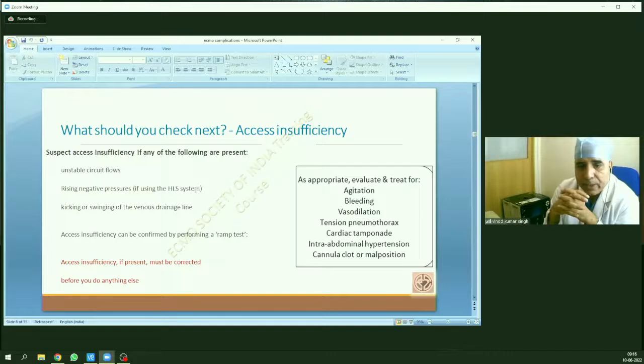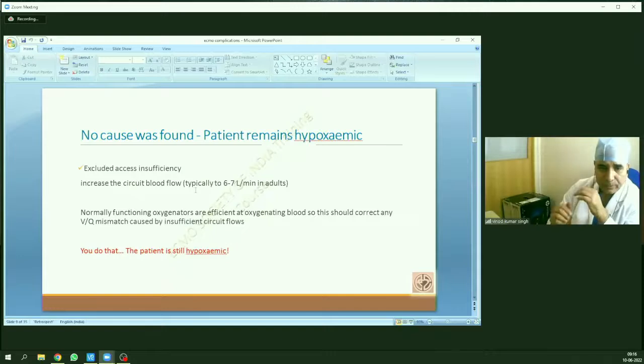You can see here a patient who is agitated, if the patient is bleeding and has gone into hypovolemic shock, if the patient has intense vasodilatation, if the patient has a tension pneumothorax, which is actually precluding the venous return to the thoracic cavity, if the patient has a cardiac tamponade, intra-abdominal hypertension, and cannula clot or malposition. So for hypoxemia, we have to look at all these, first the machine and then the access-related problems.